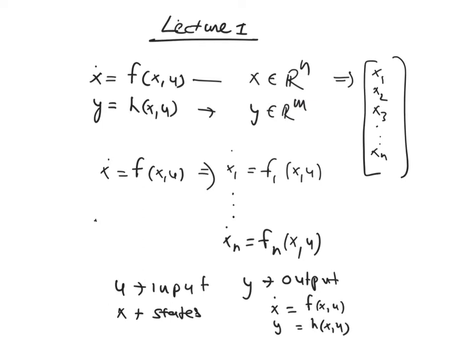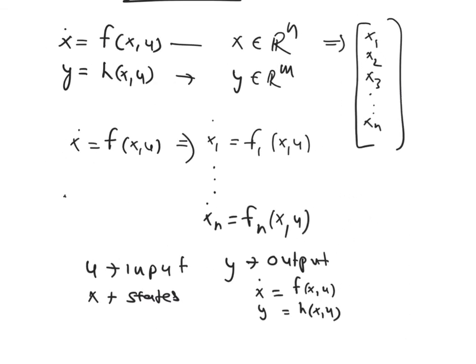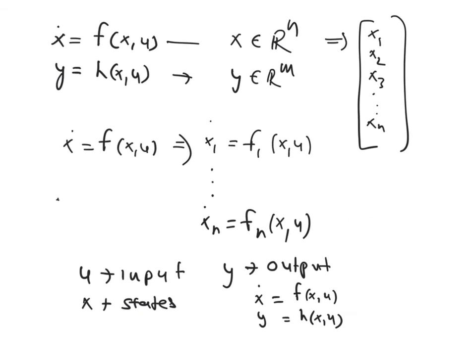Here's what we have. This x dot, generally we were writing always, can also be a function of time. So we can always write t comma x, u also.